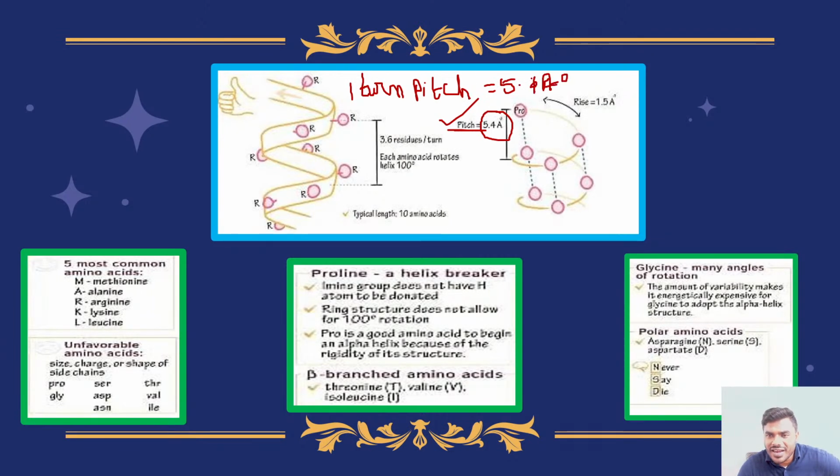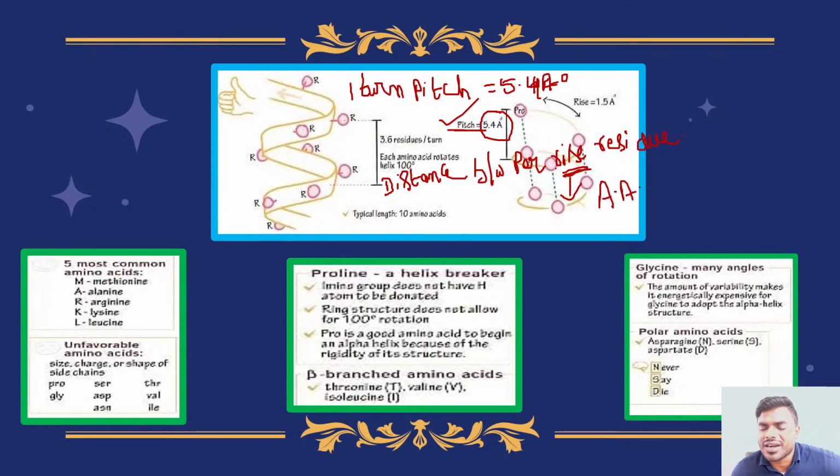Okay, then they can easily ask a question. What is the question they can ask? Please remember the question carefully. What is the distance per rise residue? Don't get confused here. Friends, here the word rise represents an amino acid.